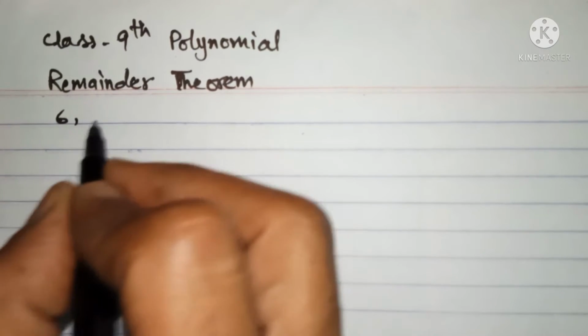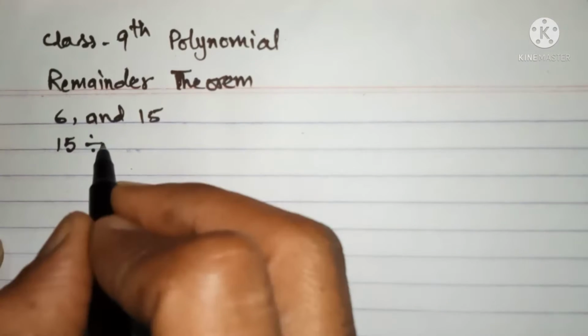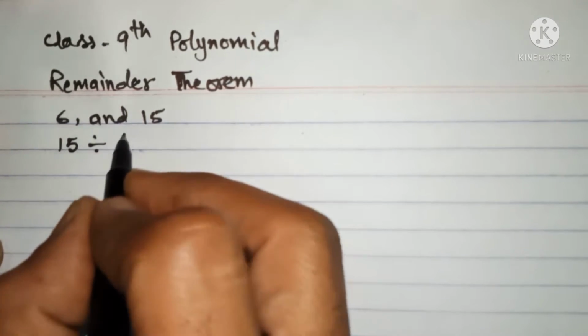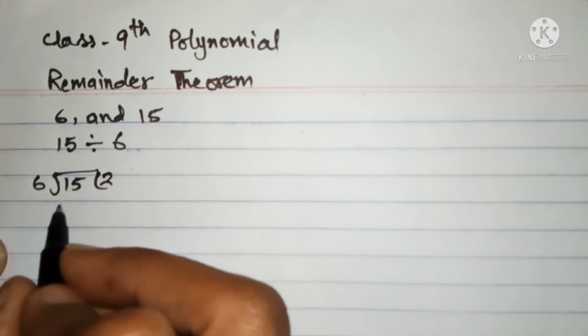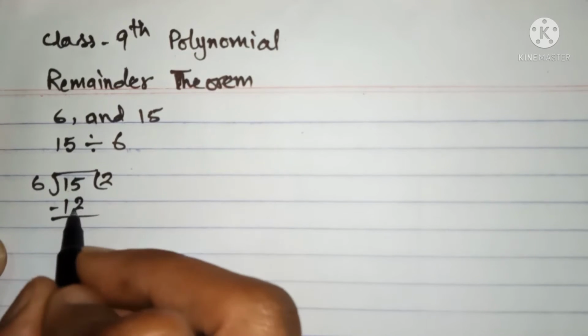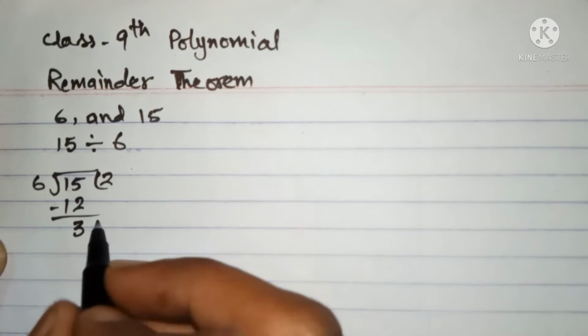First one is 6 and 15. We have to divide 15 by 6, which gives us 6 twos are 12. By subtracting, we get 5 minus 2 is equal to 3, 1 minus 1, 0.